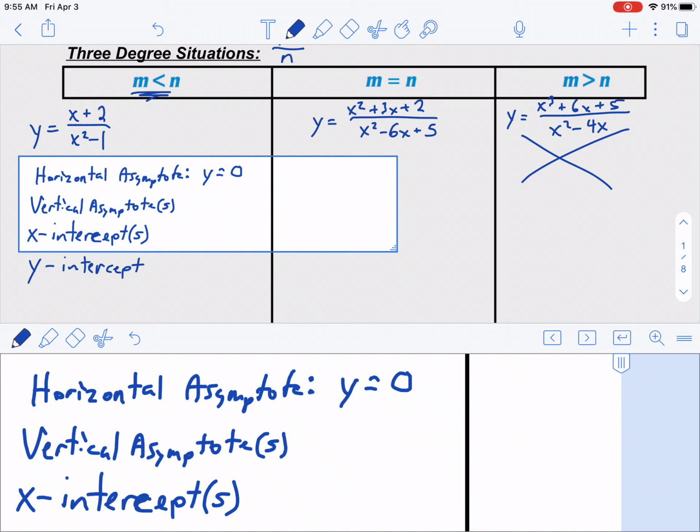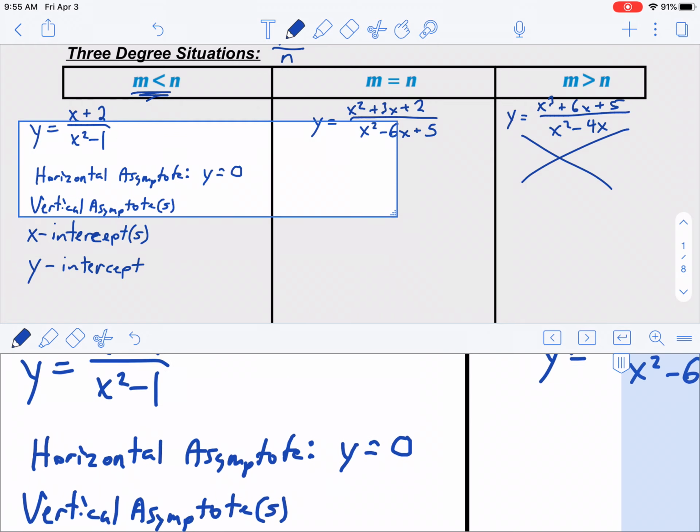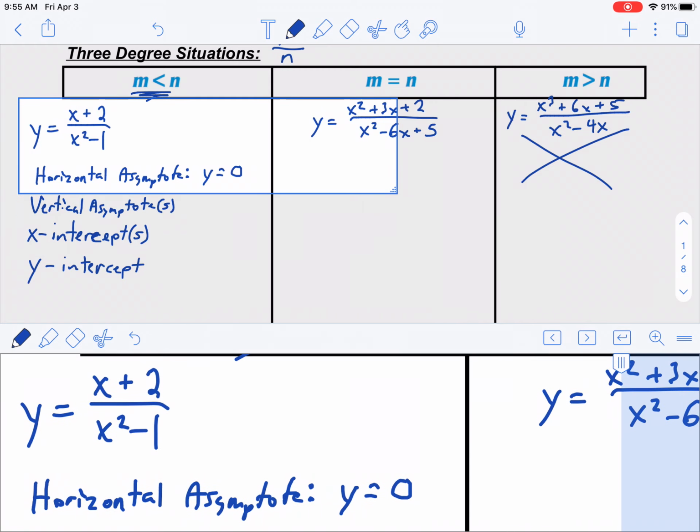The reason for that is because horizontal asymptotes are measures of end behavior. In other words, when x is really, really, really big, or when x is really, really, really small, meaning positive infinity or negative infinity. So if I take a look at this example that I wrote up here, if x is infinity, then I'm going to have infinity plus 2 over infinity squared minus 1.